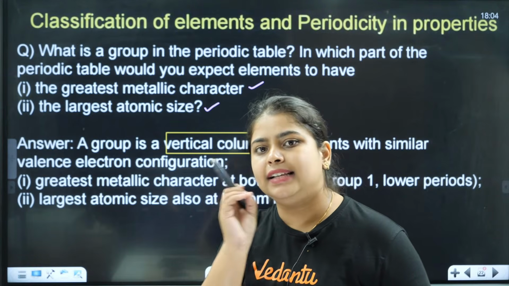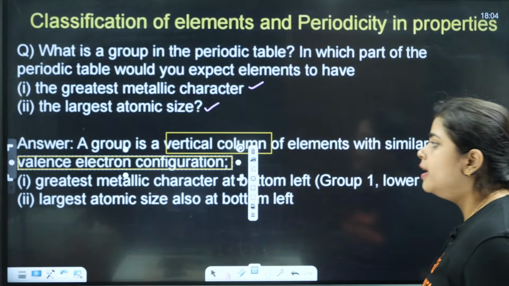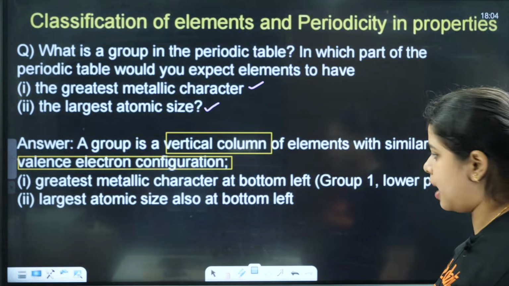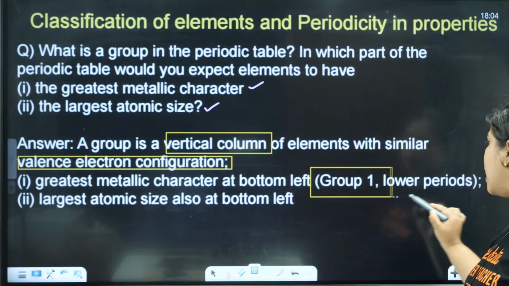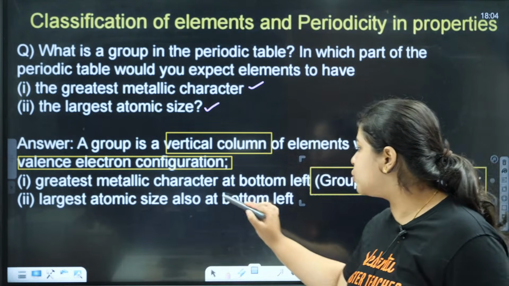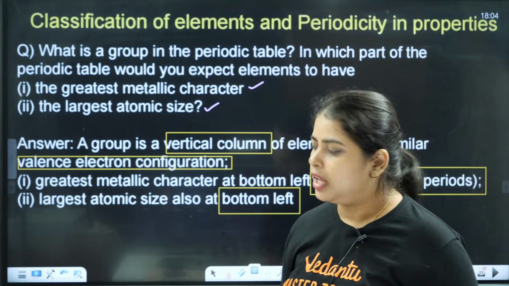Valence electrons will always be similar. Now, the greatest metallic character is at the bottom left, group 1, that is the lower periods, and the largest atomic size is also at the bottom left. Clear?